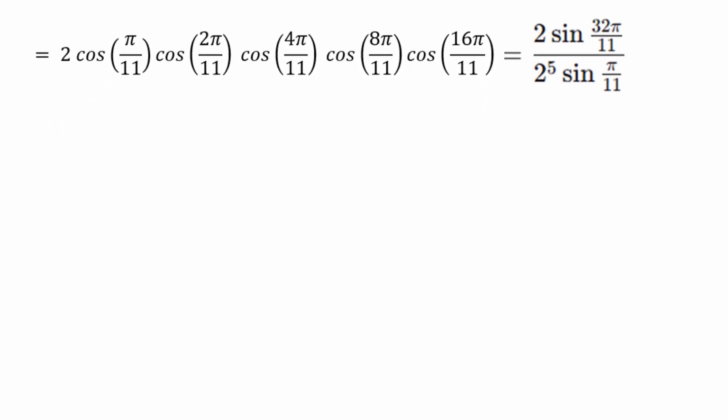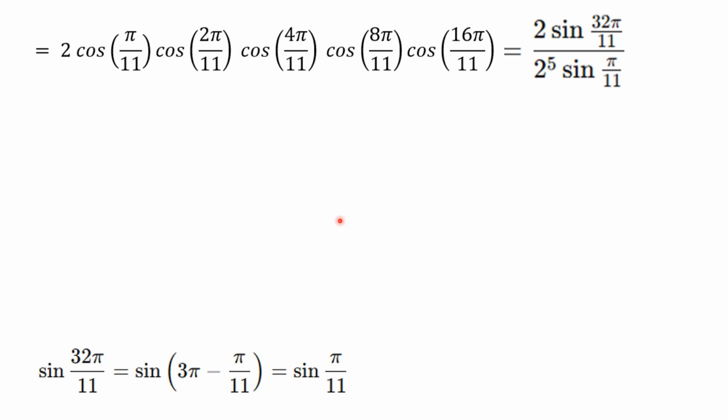Now let us consider this sine of 32 pi by 11, which is in the numerator. This can be written as sine of 3 pi minus pi by 11. 11 into 3 is 33 minus 1, that is 32 pi.